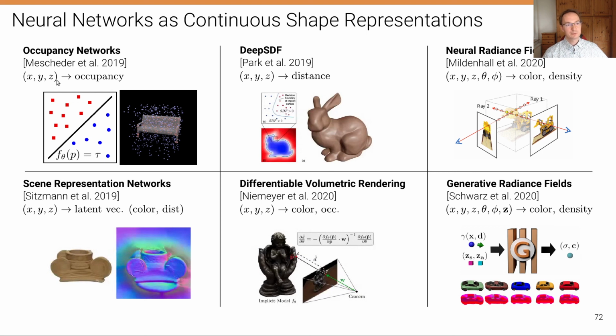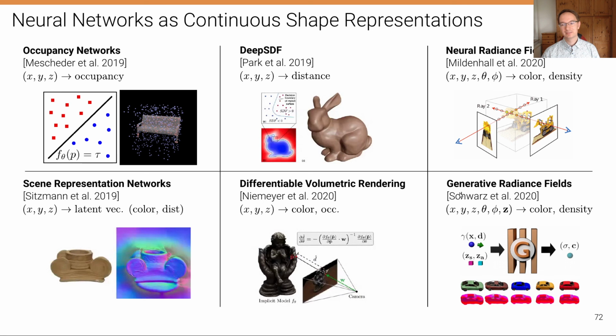In occupancy networks, given a 3D coordinate, these are all coordinate-based networks, we predict the occupancy. In contrast, deep SDF predicts a signed distance. A neural radiance field takes as input the 3D coordinate and the view direction and predicts color and density. In differentiable volumetric rendering, we predict the color and the occupancy from a 3D location.